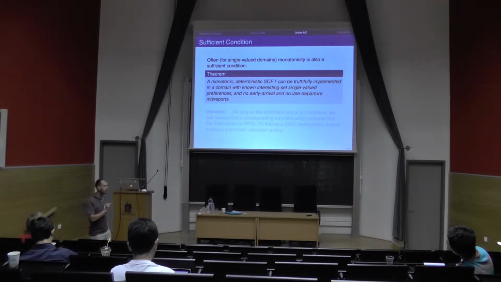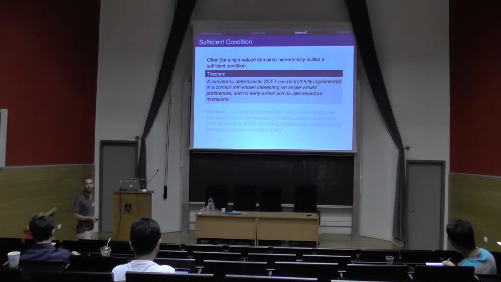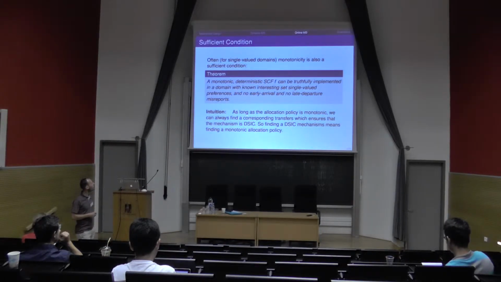So that means dominant strategy is compatible. So we can design corresponding payments to the social choice function f, as long as we know the interesting set. So that means that as long as the allocation policy is monotonic, so it does not violate monotonicity, we can always find the corresponding transfers which ensures that the mechanism is dominant strategy compatible.